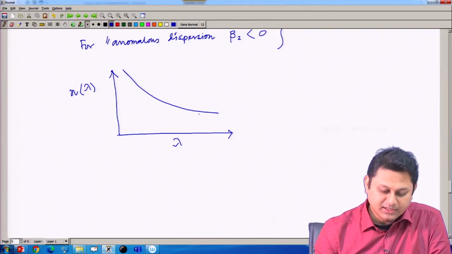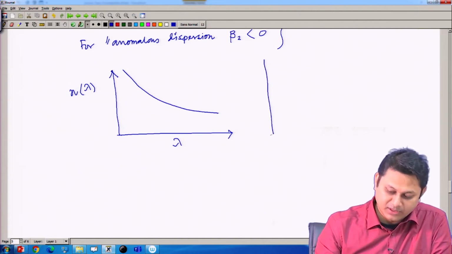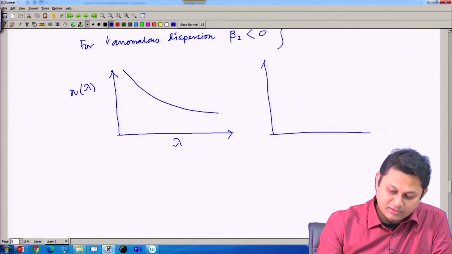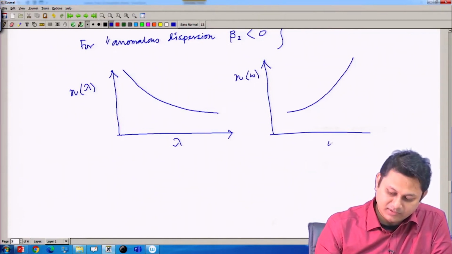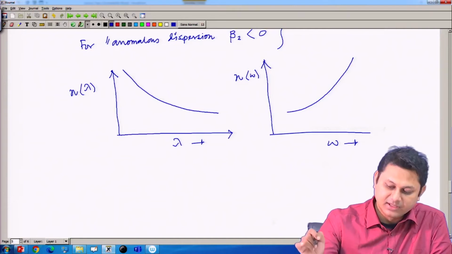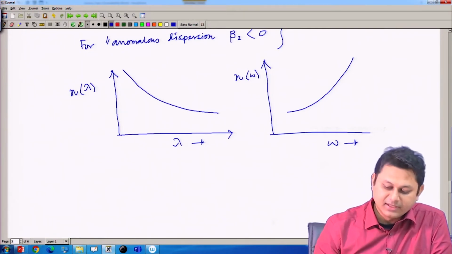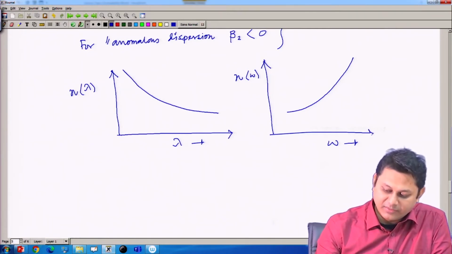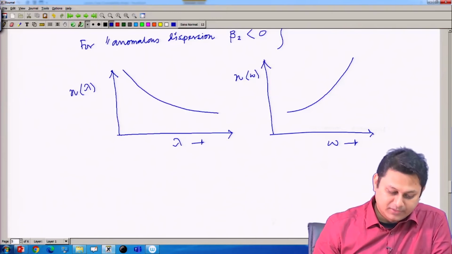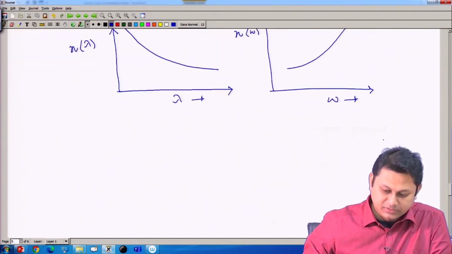If I draw this in the frequency domain, the curve will be something like this. It is going to increase with respect to frequency, because with respect to lambda it is decreasing. In both cases, this figure is very much true for normal dispersion.